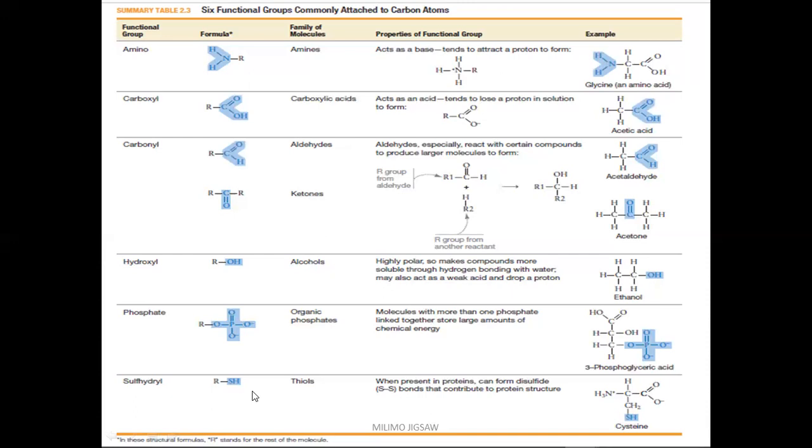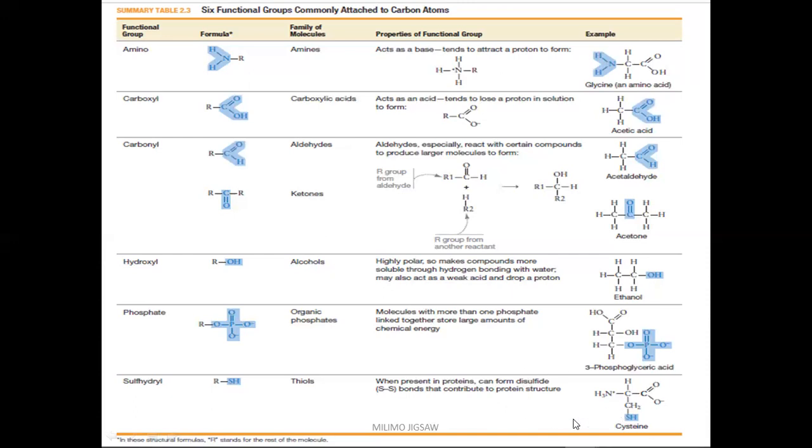The sulfhydryl group is important as it is found in proteins. Certain amino acids can contain a sulfhydryl group, which makes an important contribution to the protein structure.